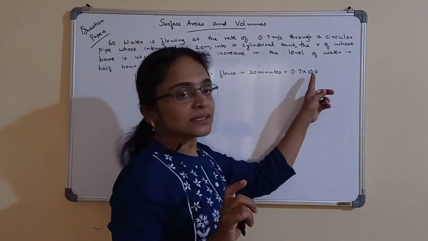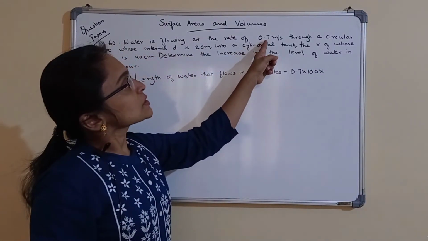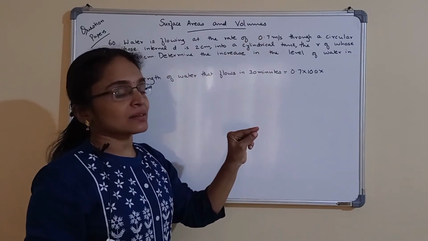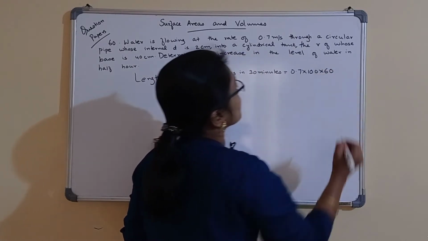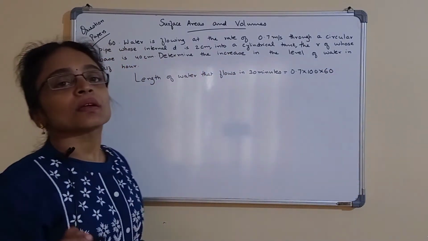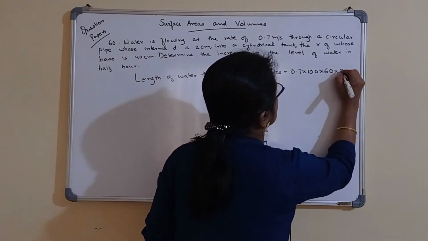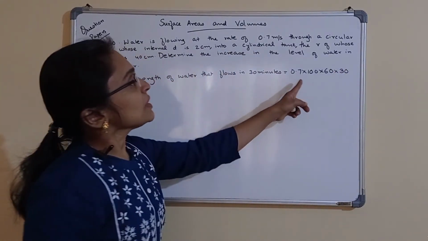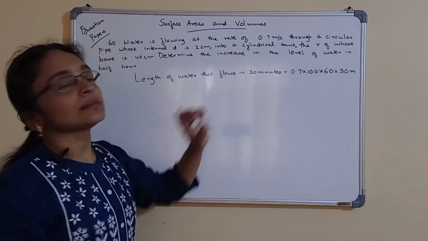So 0.7 into 100 is the length in 1 second. In 1 minute it will be into 60, and in 30 minutes it will be into 30. So this much length of water will flow in 30 minutes.